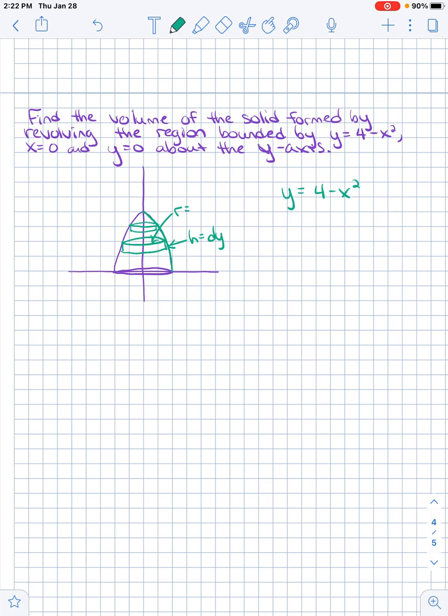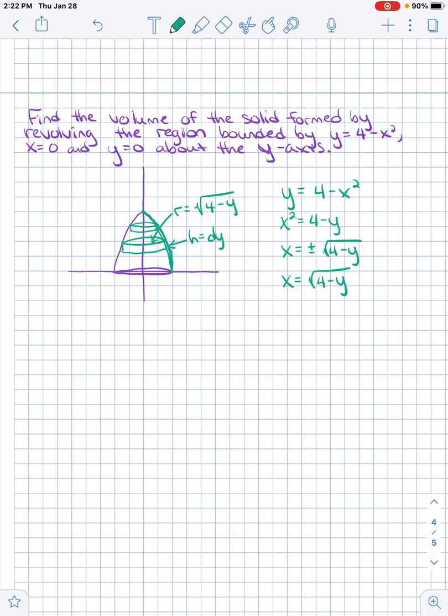So we need to take y equals 4 minus x squared and isolate x. If I do x squared equals 4 minus y, and take the square root, I get plus or minus the square root of 4 minus y. Now we're only dealing with the right-hand side because that's what's determining the radius. The radius is just from the y-axis to the right. So x is the positive square root of 4 minus y, and that's what our radius is going to be.